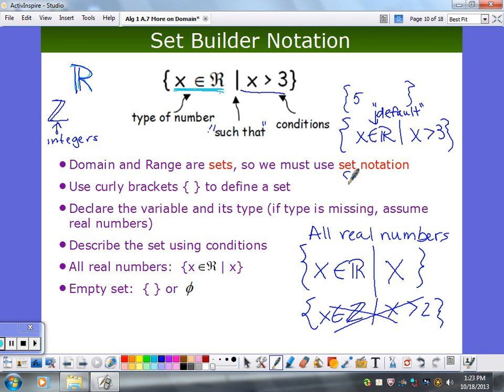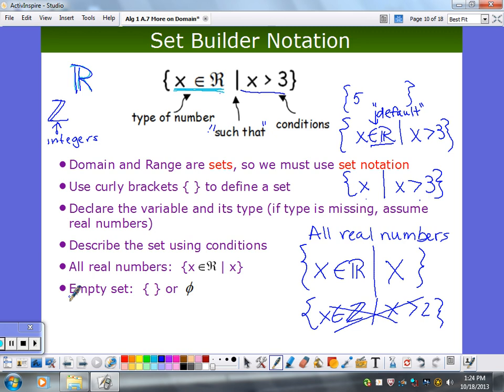It means that if I saw this, which is almost the same thing as that, right? What's different? I took this out. I'm just saying you have an X, and I'm not saying what kind of number it is. If you don't say what kind of number it is, we're going to assume you mean real number. So you don't have to have that here when you're writing. But I would rather look at some examples first before we think about that a little bit more.